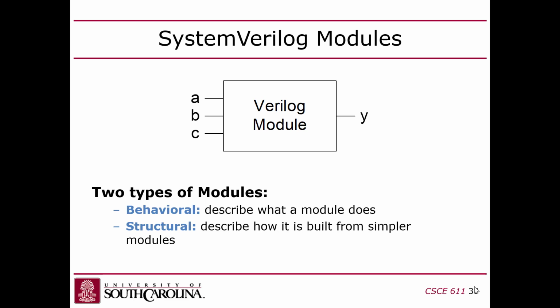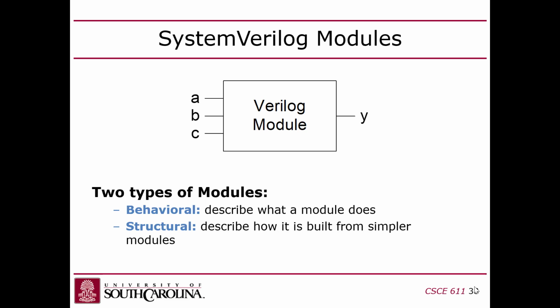So every time you create a design, you can build designs from the bottom up or from the top down, but every time you build something, you're building modules, right? Every file has a module, and the first line of every file is module. Modules can be behavioral or structural.